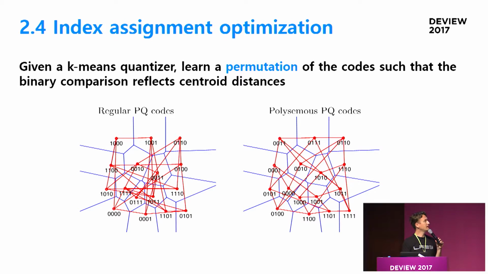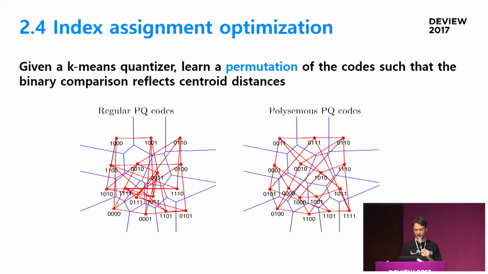What you can see is that the structure of these red lines is pretty random, meaning that two centroids can be far away in the space, and still they can be close in the Hamming space.